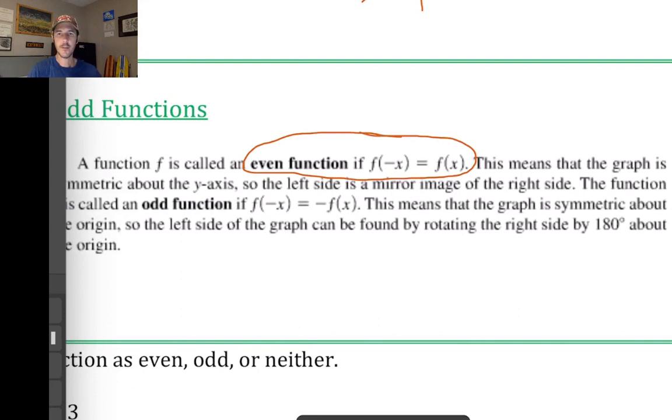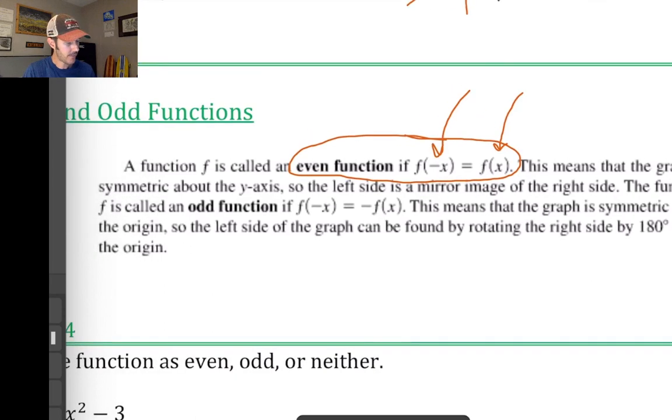A function's even if I can plug in a negative value or plug in the positive version of that same value, like plugging in a -3 and then plugging in a +3, and if the output value from my function is the same, whether I plug in a -3 or a +3, then the function is called even. And we're going to see an example of it.